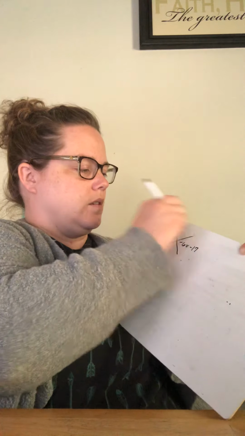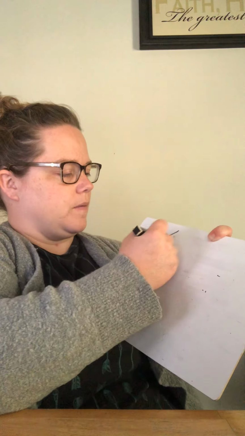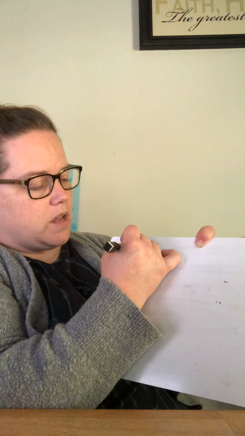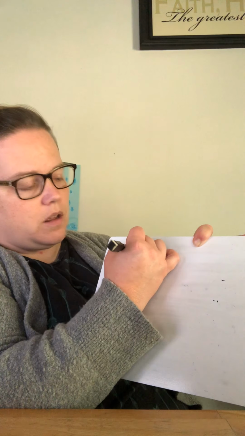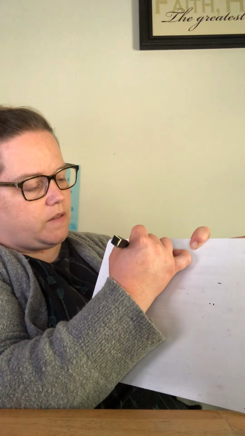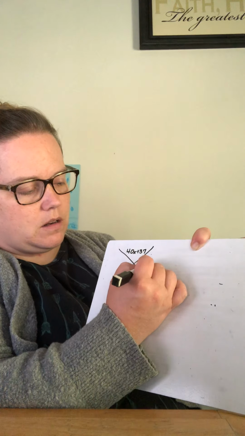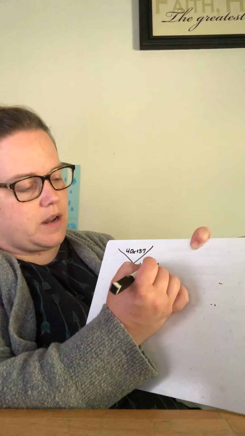we have some angles that are adjacent, or they're sharing a side. So I've got 40x plus 37 and 16x plus 3.